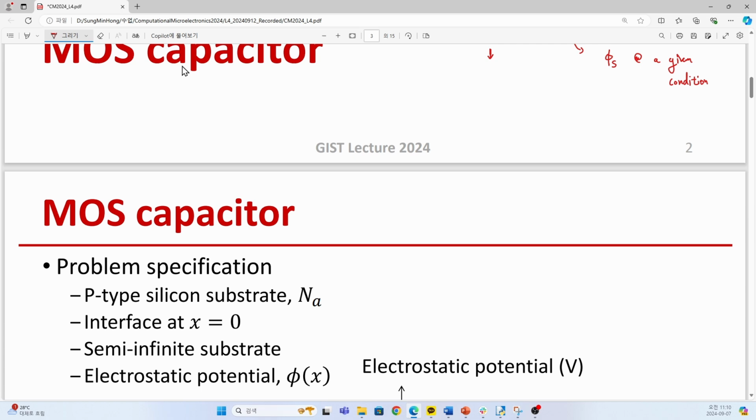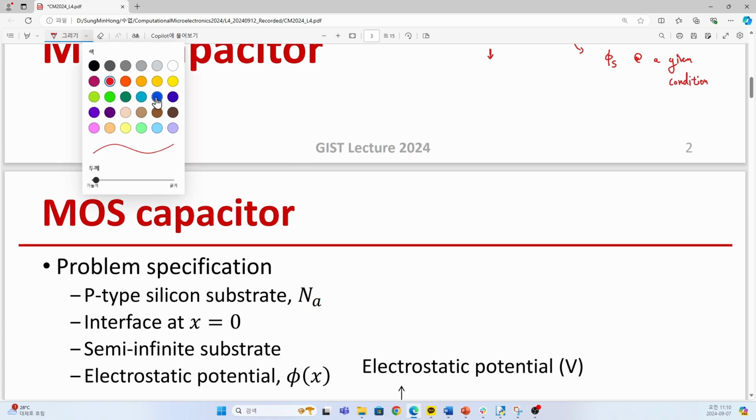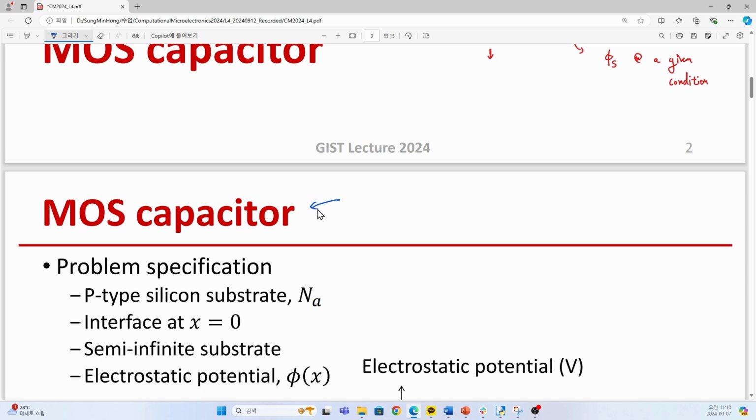Although this is the very first time to think about MOS capacitor in our lecture, Computational Microelectronics, I assume that you have already studied MOS capacitor several times. For example, in the junior level semiconductor device course, you already know the MOS capacitor.